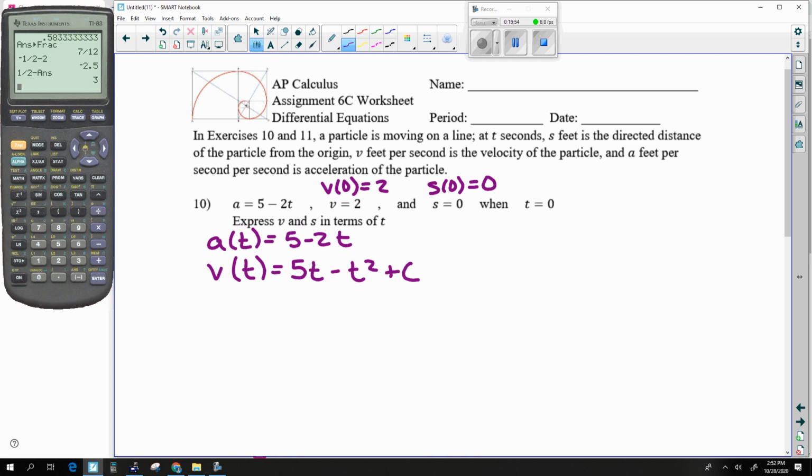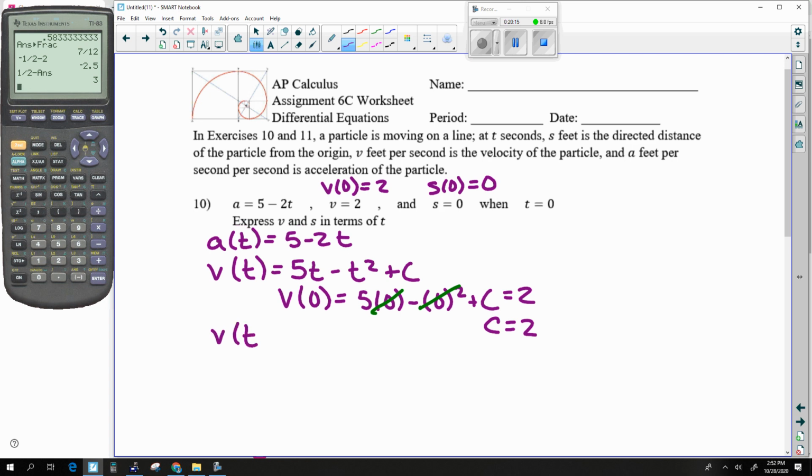So this is when I put in one of those initial conditions. I know that my velocity at time 0 is equal to 2. A lot of times they use zeros to help you along with the math. And I see that c is equal to 2.